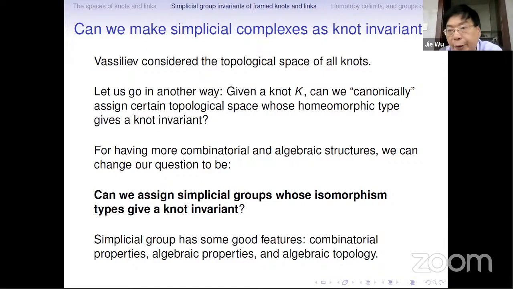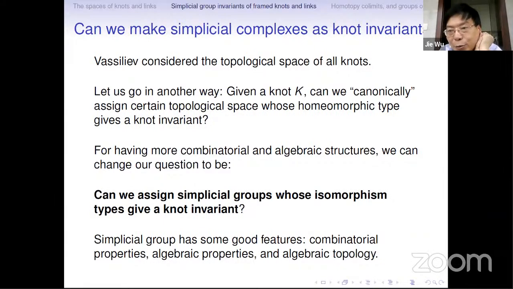Recently people have been trying to look at knot invariants different from, say, polynomials; you can have graph-valued knot invariants or elements in groups, right? So here we try to think about a kind of knot invariant which is topologically constructed.